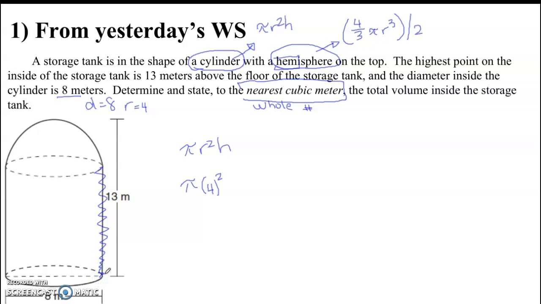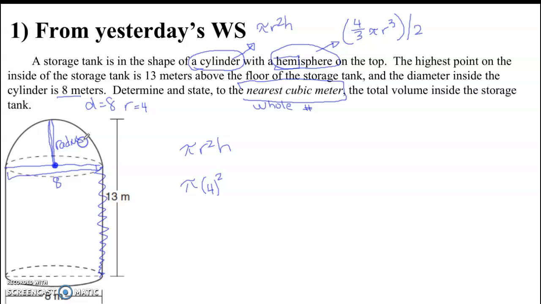Now this is where you gotta think. If the diameter is 8, that means this top piece is 8, right? Because this is the hemisphere. This entire thing is also 8, which means this, what is this line called? From the center of a circle to somewhere on the circumference. Excellent, guys. Oh my God, you're killing it.